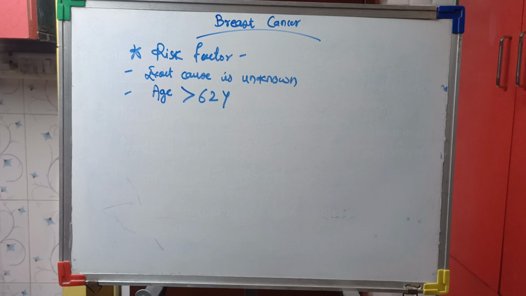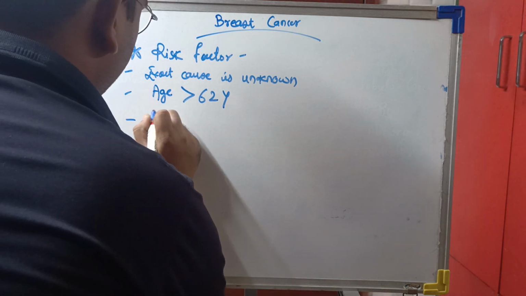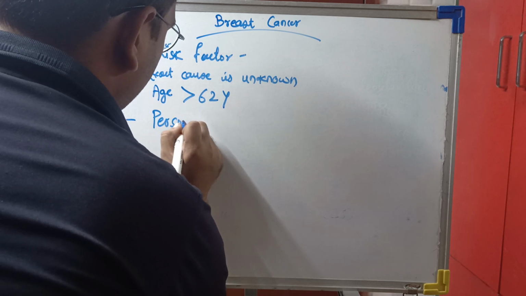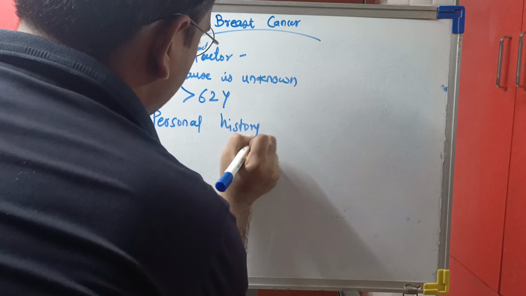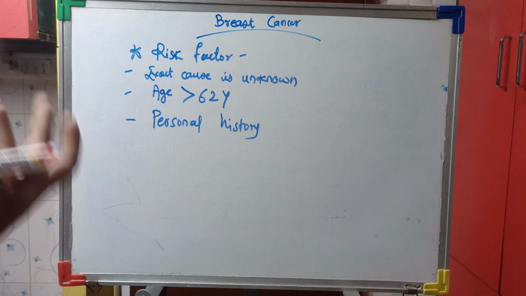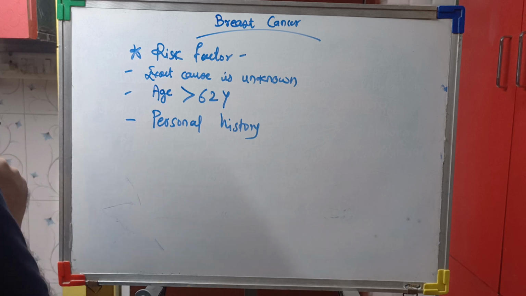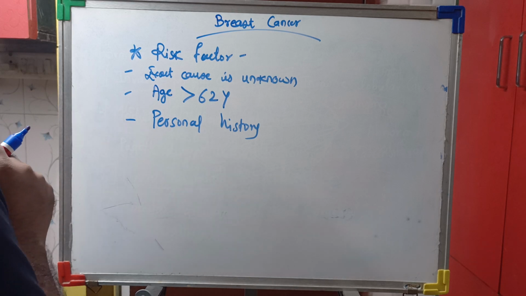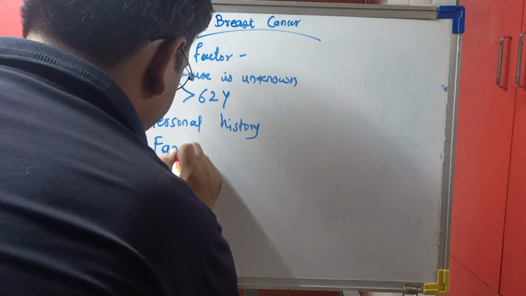If the patient or woman has a personal history of breast cancer, meaning the woman has had breast cancer earlier, it also increases the risk of breast cancer. If any woman has a family history of breast cancer, she may develop breast cancer.